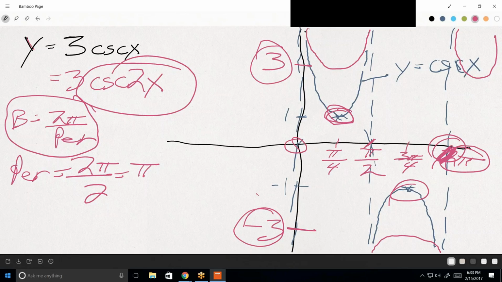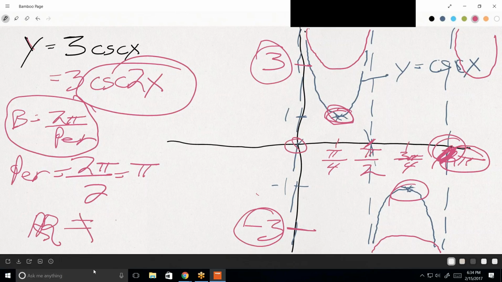So how would you write the domain and range of a graph like that? Well, it's a little tricky because the domain is no longer all real numbers, but it's close. In other words, the domain is all reals except what?